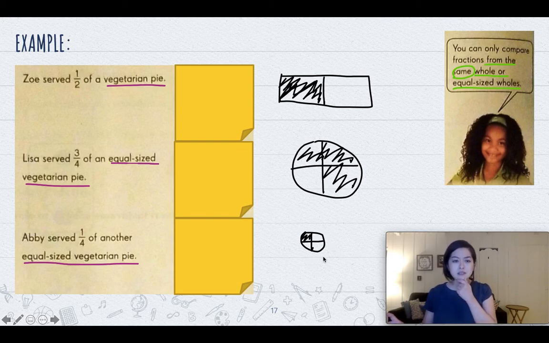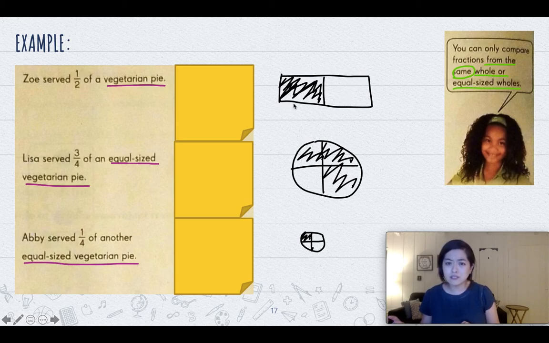But the thing is, are these all equal size? They're not. First of all, this is a bar model and then this is a circular model, right? And although these two are circular models, one looks way bigger than the other. So they are not showing equal size wholes.